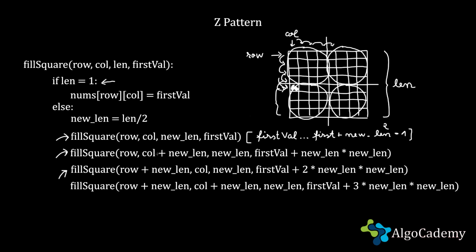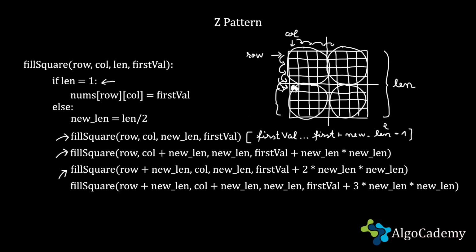You have placed all the values from first val to first val plus new len squared minus 1 in the first quadrant. Then another new len squared values in the second quadrant, right?